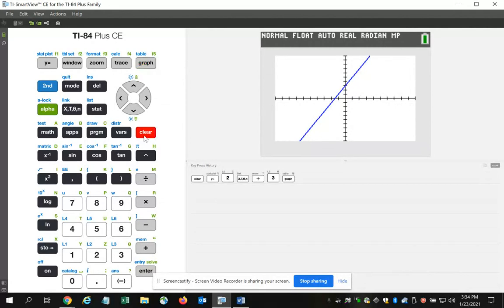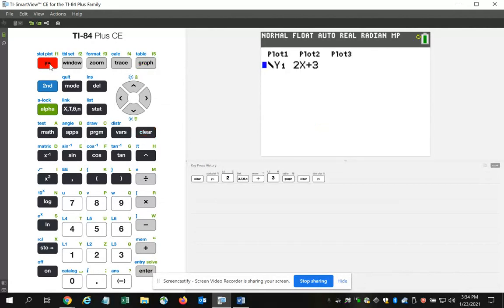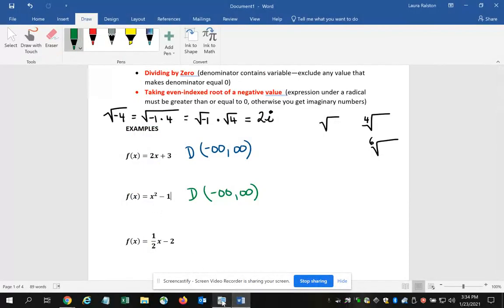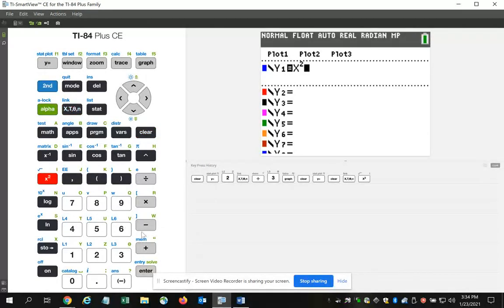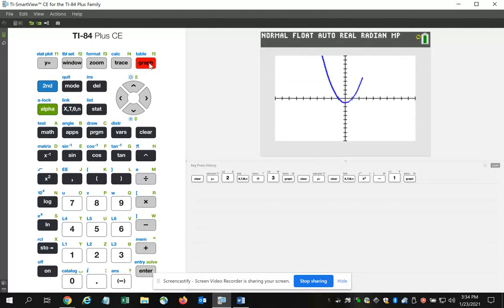We can also do that for the second one that we were just looking at, the x squared minus 1. So we do x squared minus 1, and we graph it.